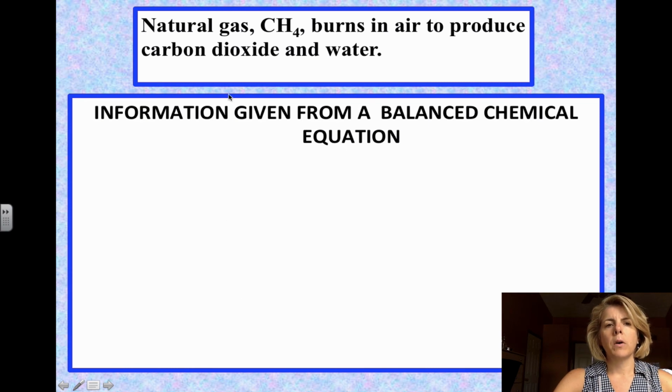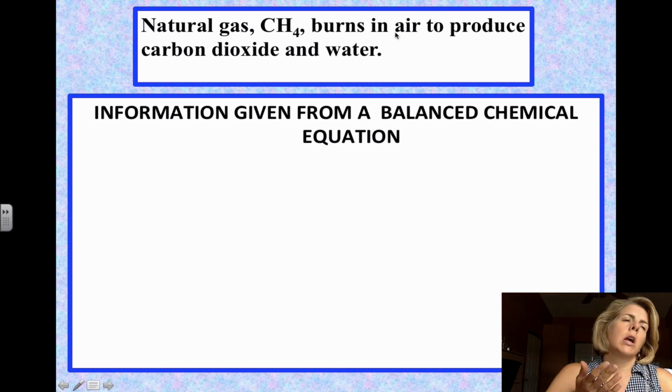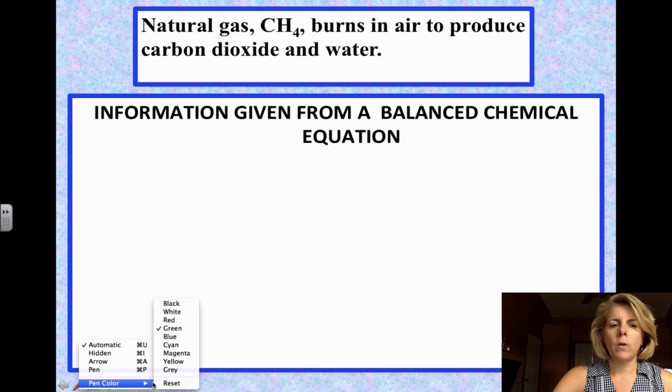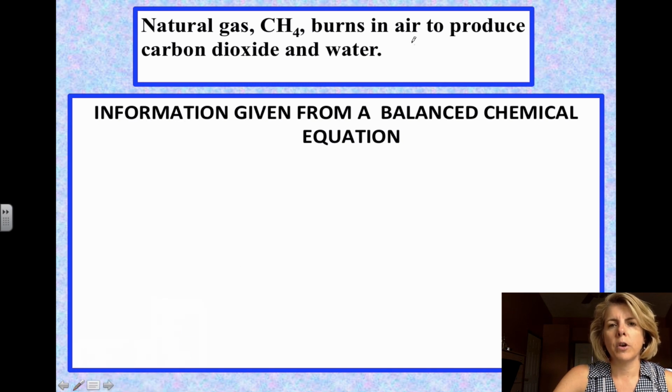Okay, so here we go. We have a chemical equation where we have natural gas, which is in the formula CH4, burns in air. Whenever you see the term air, just assume they mean oxygen.